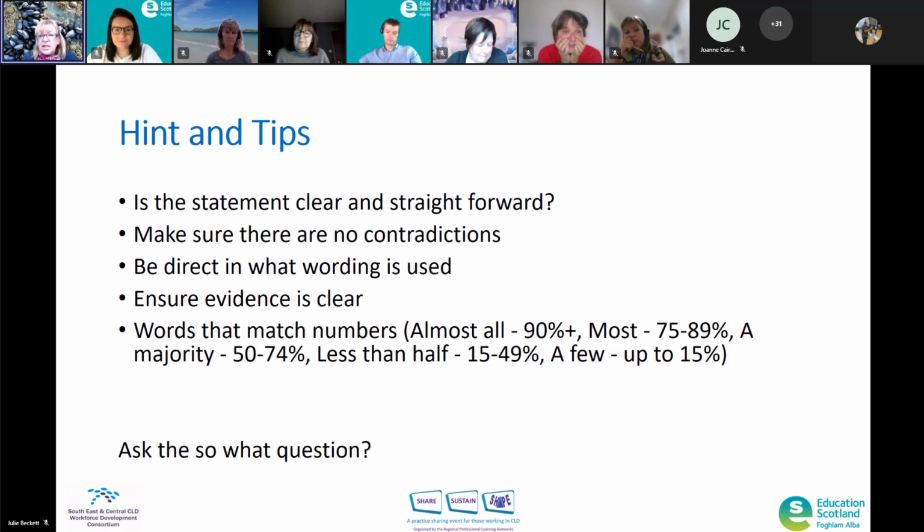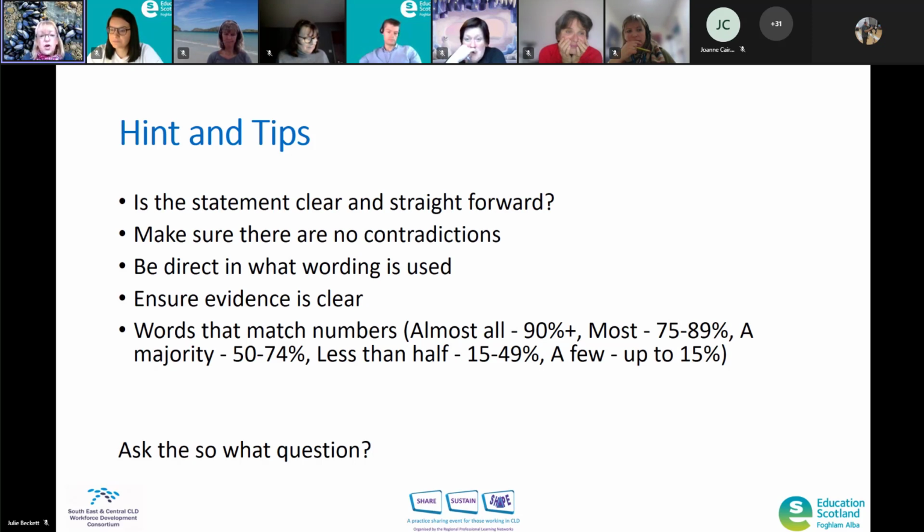Most, 75 to 89%, a majority, 50 to 74%, less than half, 15 to 49, and a few up to 15. This is what Education Scotland use, so it's a useful reference when you're writing, to keep to the numbers and the wording as well, and you can use either for that.